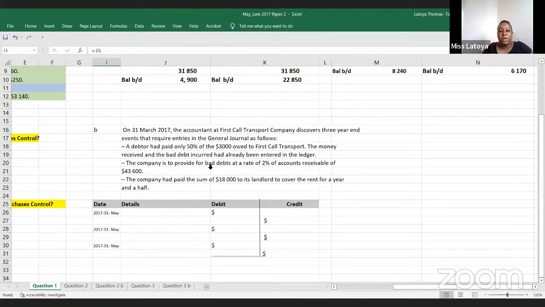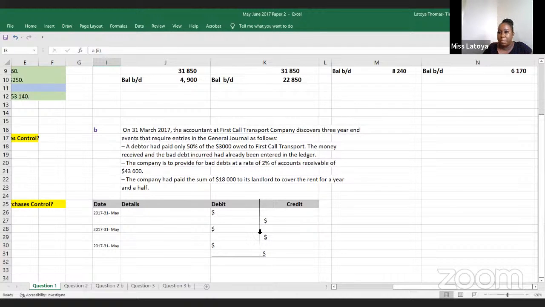The company is to provide for bad debts at a rate of 2% of accounts receivable of $43,600. The company had paid the sum of $18,000 to its landlord to cover the rent for a year and a half. So again, there are 3 year-end transactions that were not entered into the general journal. So we have to enter that.